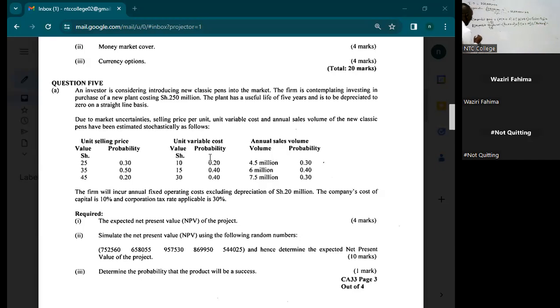Then we have our expected volume, which is the same as quantity.